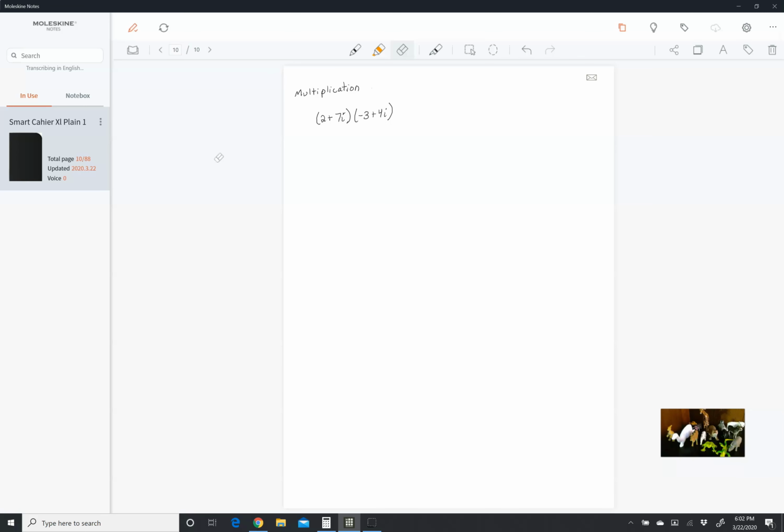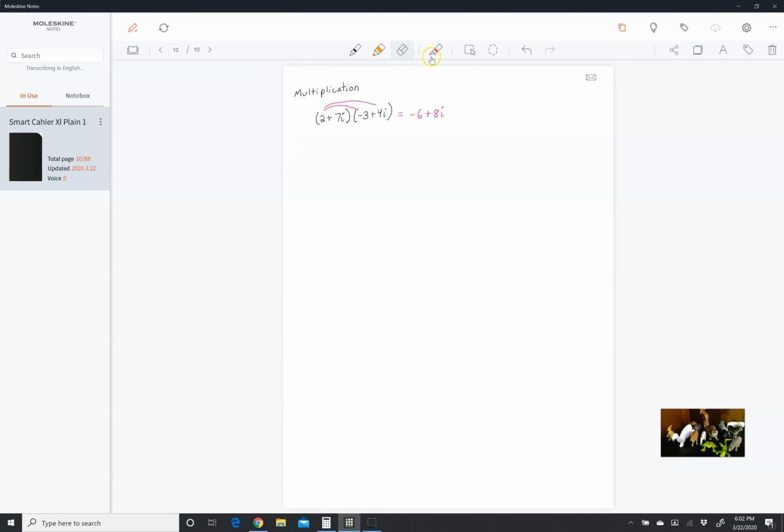So everything in the first gets distributed to everything in the second. So this 2 gets distributed to the negative 3, and it gets distributed to the 4i. And you get negative 6 plus 8i.